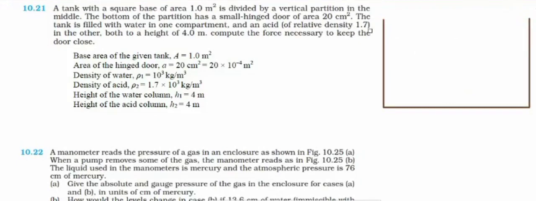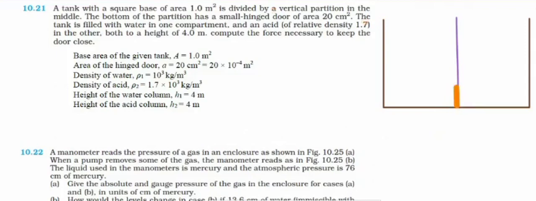The tank has a partition in the middle, and the partition has a door at the bottom, and the door has an area of 20 centimeters square. The door can be opened in this way. At present it is closed.